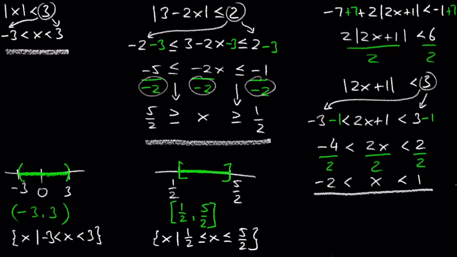Let's plot this on the number line. The interval goes from -2 to 1. And the solution set is the set of all x such that x is greater than -2 and less than 1.